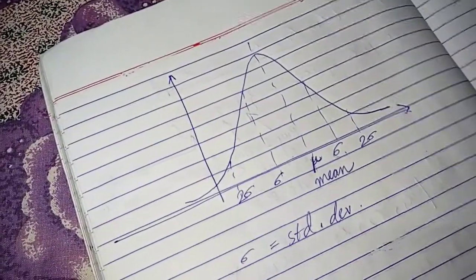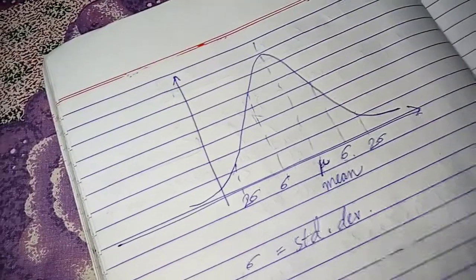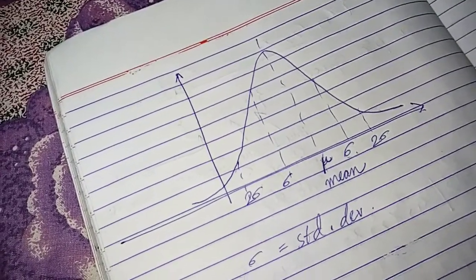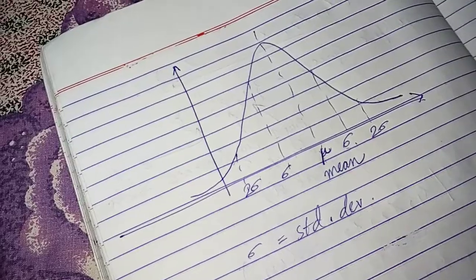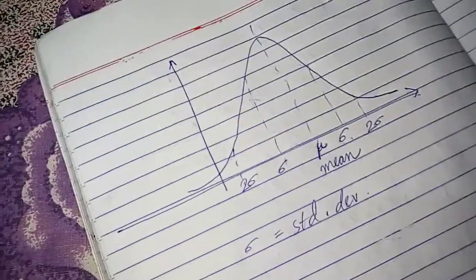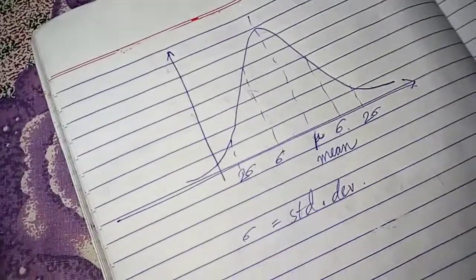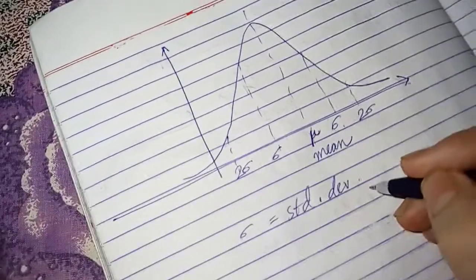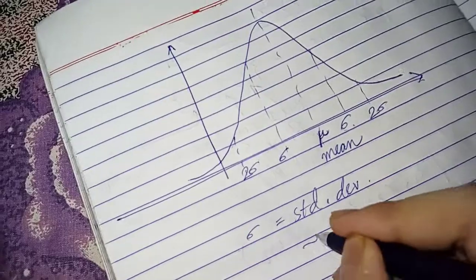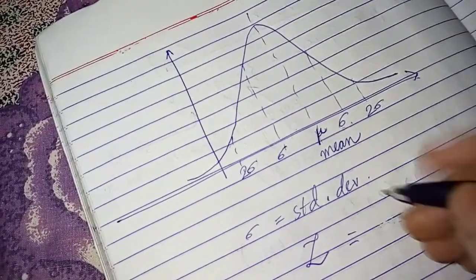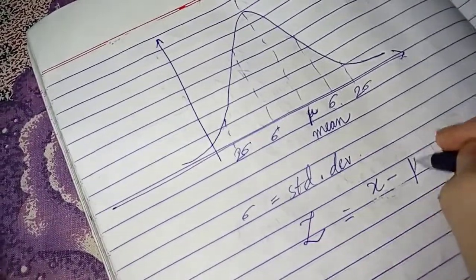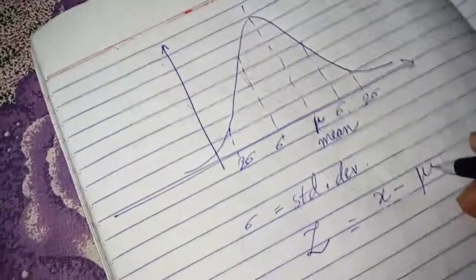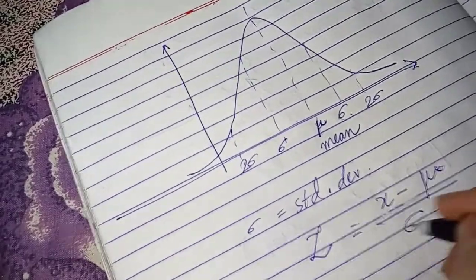If you want to know how far away a particular variable is from the mean, you need to compute the value of the standard deviation in this case, and that particular standard deviation is known as the z-score, which is given by x minus mu divided by sigma.